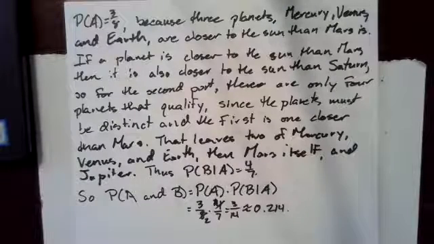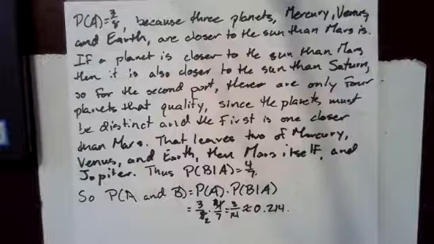Well then, P of A is 3/8, because 3 planets, Mercury, Venus, and Earth, are closer to the sun than Mars is. If a planet is closer to the sun than Mars, then it is also closer to the sun than Saturn. So for the second part, there are only 4 planets that qualify, since the planet must be distinct and the first is one closer than Mars.